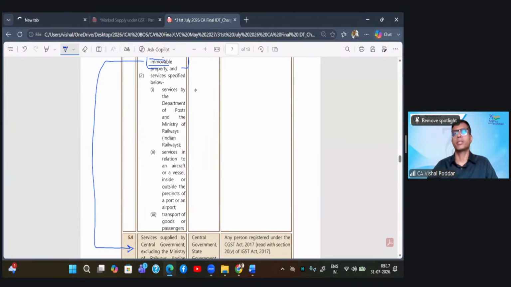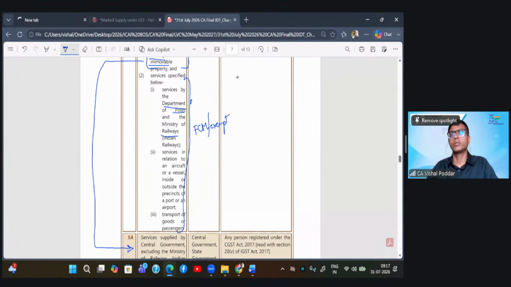Now, besides this, they have excluded these all services. Why? Because these they want to cover in FCM. So obviously, if they want to cover these in FCM, they are excluded from the RCM list. So either it is covered in FCM or again either because it is exempt. Now, what is covered in FCM? That is the services which is given by post office or the railways.